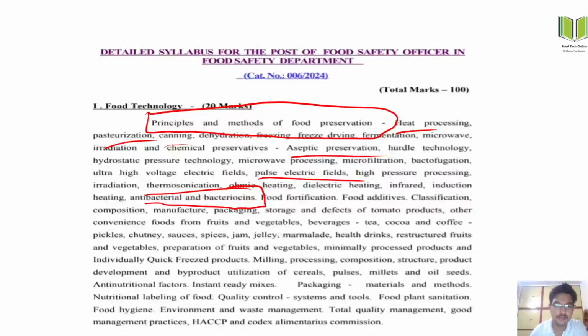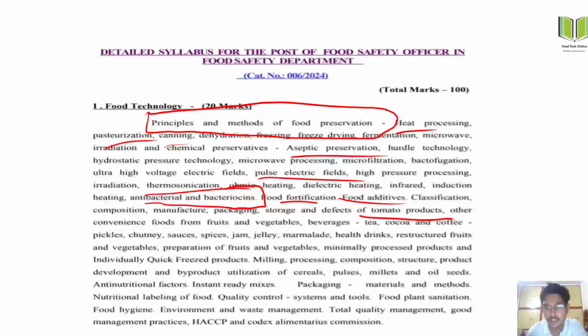Then the second one is food fortification, food additives and classification, composition, manufacture, packaging defects of tomato products, meaning the different manufacturing and packaging techniques for only tomato products.